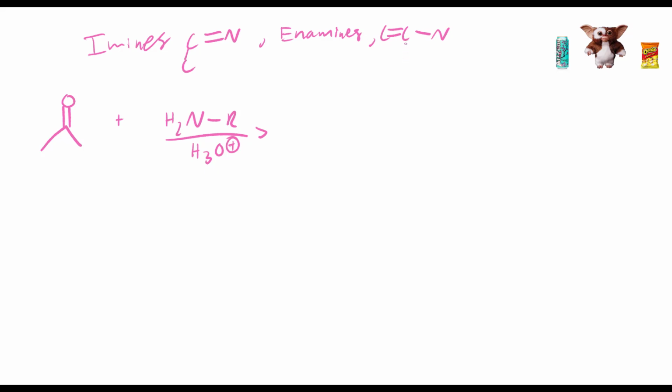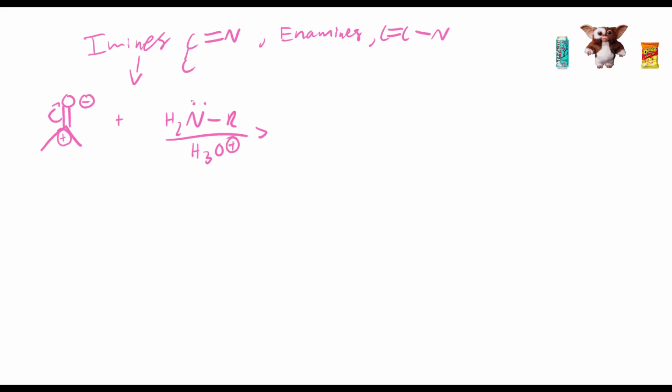Now we're going to go over the process of how to make imines. Okay, so this is going to be the imine process. Right here, we have a nitrogen that has 2 hydrogens on it, and it's attached to some chain of carbons. What happens now is that this nitrogen is going to have a lone pair. And this oxygen breaks out, makes this negative, and makes this one positive.